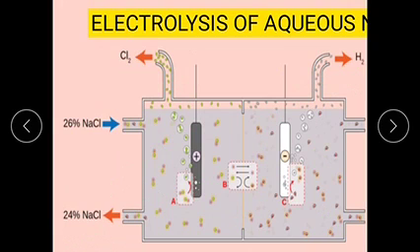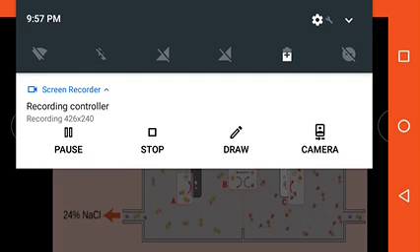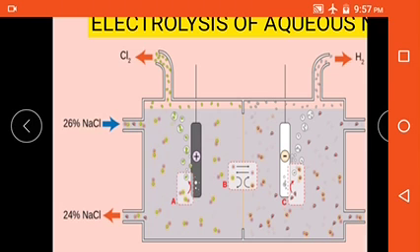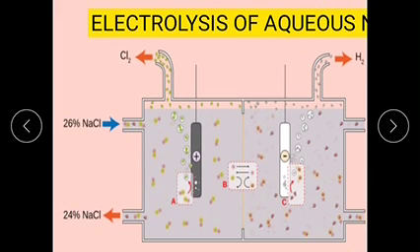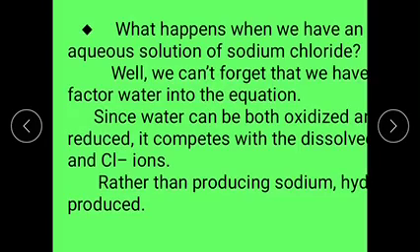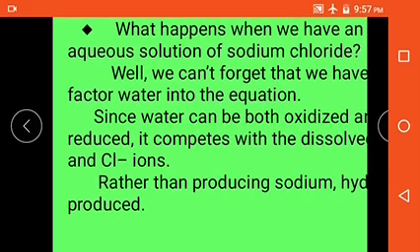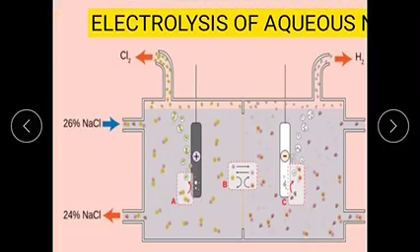This is the electrolysis of aqueous NaCl solution. What happens when we take this? In the last class we discussed the electrolysis of fused NaCl.